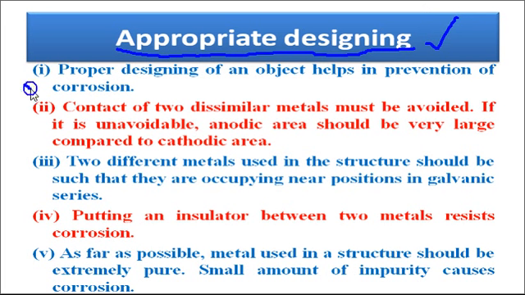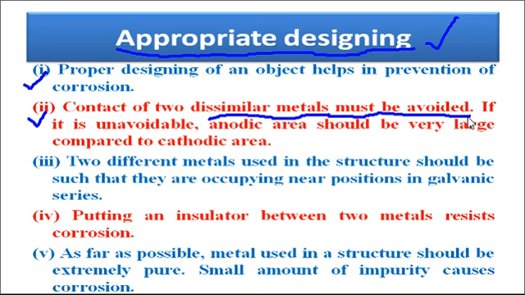Proper designing of a metallic object helps in prevention of corrosion. How? The first point is, the contact of two dissimilar metals must be avoided. In our last class, we discussed that when two different metals are in direct contact, corrosion chances may increase.